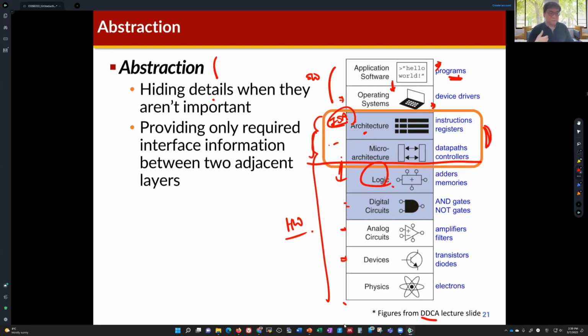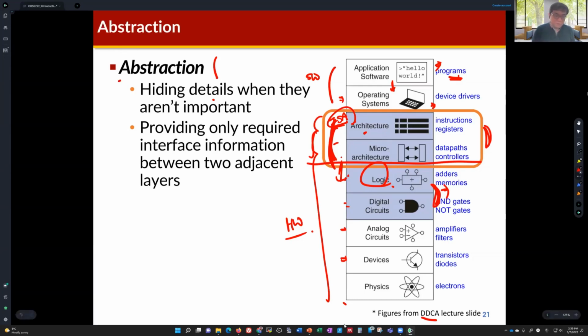Logic means some basic gate logics or multipliers, adders, something like that. So these logic layers or digital circuit layers are covered by the digital logic design course. Okay. So we will cover these two layers, the architecture layer and the microarchitecture layer.